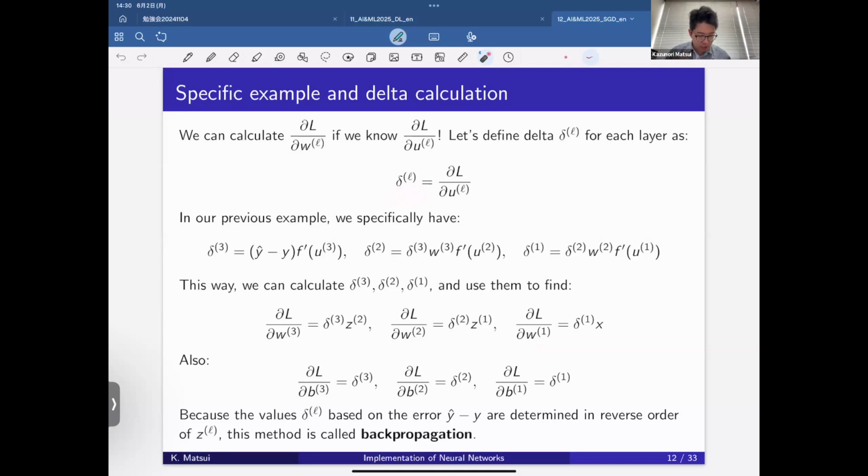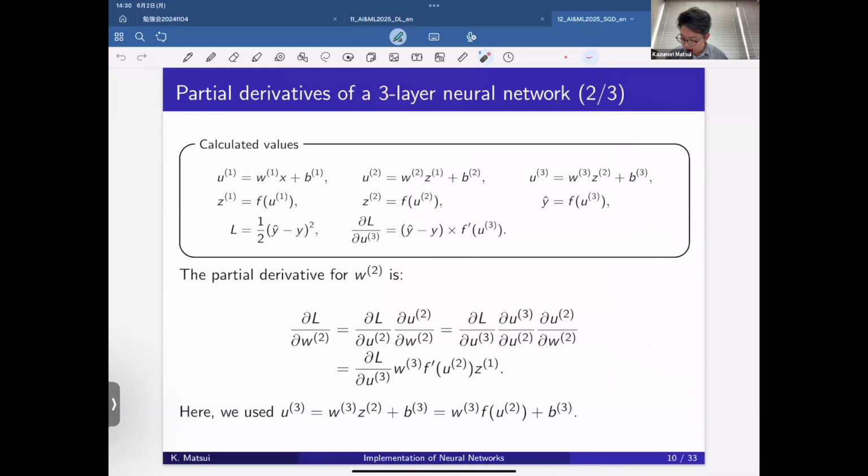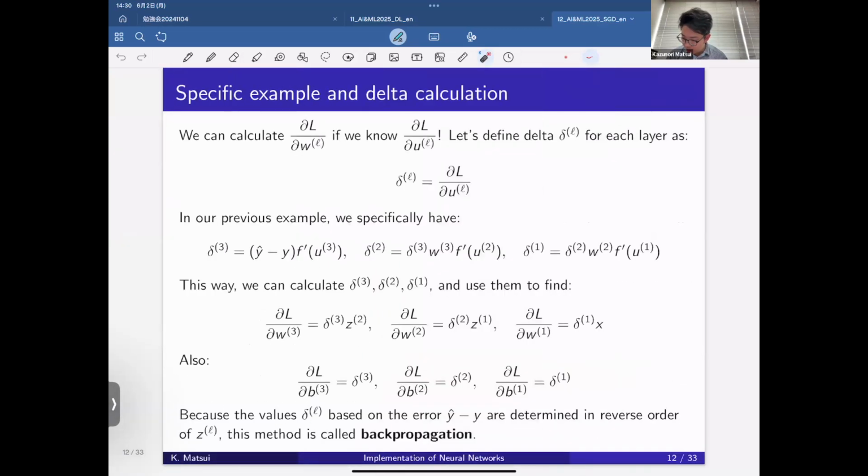Then delta 3 is (y hat minus y) f prime u3, and delta 2, which corresponds to the partial derivative of L with respect to u2, is delta 3 times w3 f prime u2. So we obtain this one.